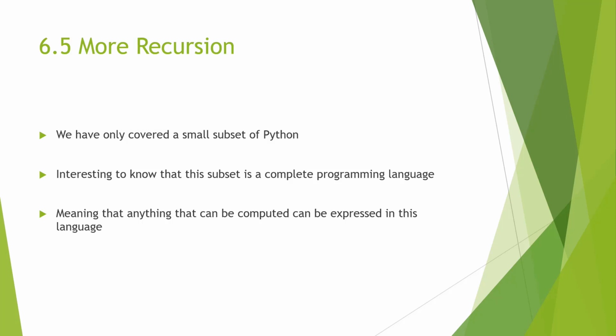Anything that we've computed so far can also be expressed in this language. Any program that could be written could be rewritten using only the language features that we've learned so far. It may be more difficult. We've not learned all of the functions or all of the looping abilities, but we definitely could do everything with what we've learned so far.